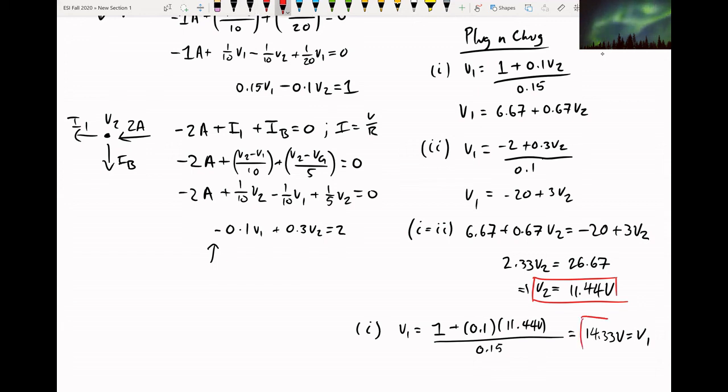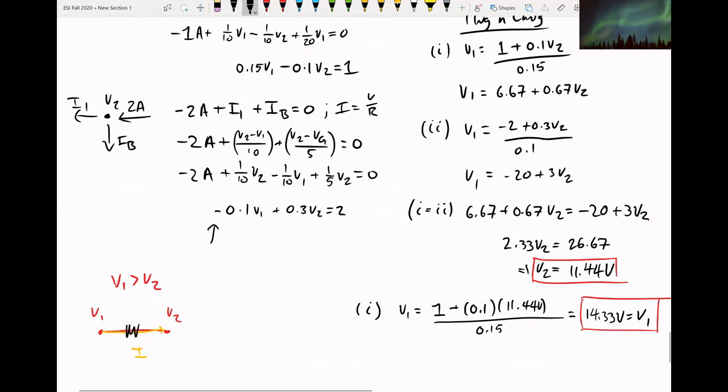Okay. So what does that mean? V of 1 is greater than V of 2. So if we go from V of 1 to V of 2, current flows from the higher voltage to the lower voltage. And we're crossing over, I believe it was 10 ohms, yep, 10 ohms.